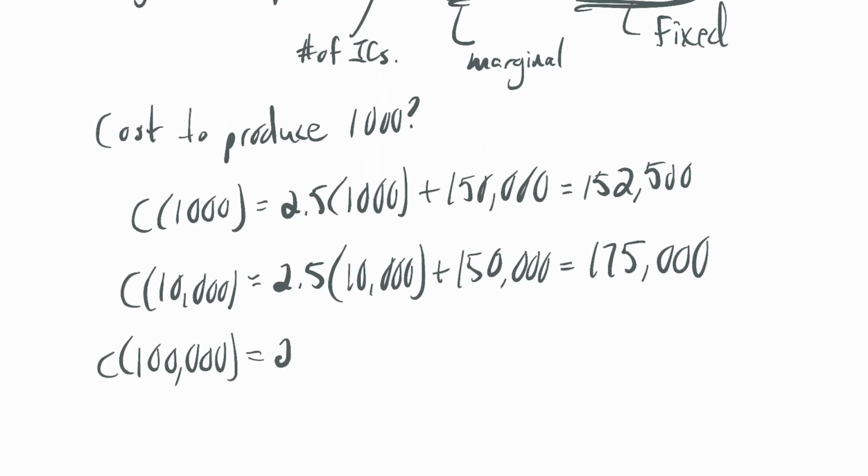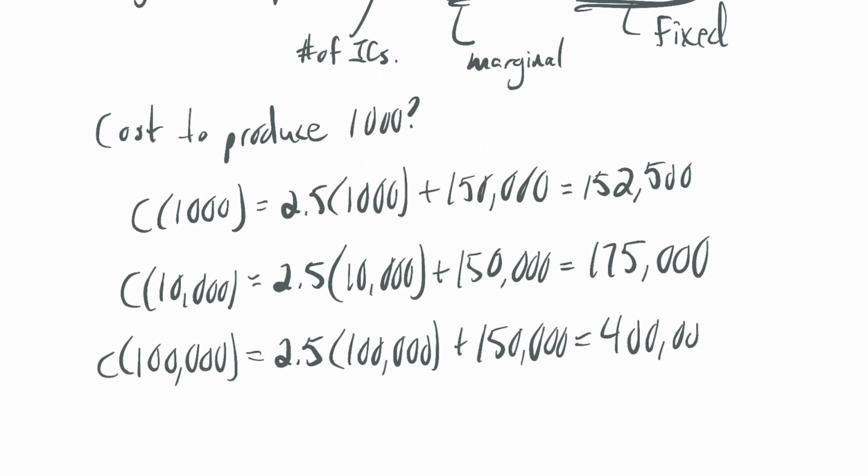So if we make 100,000, that's going to be 2.5 times 100,000 plus 150,000. Well, that's going to be 250,000 plus 150,000, so that's going to be 400,000. And at this stage, most of my costs are due to the variable cost.